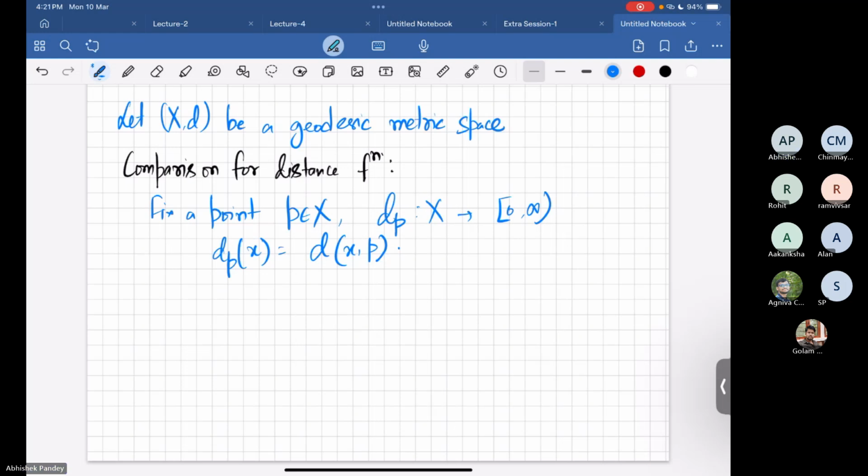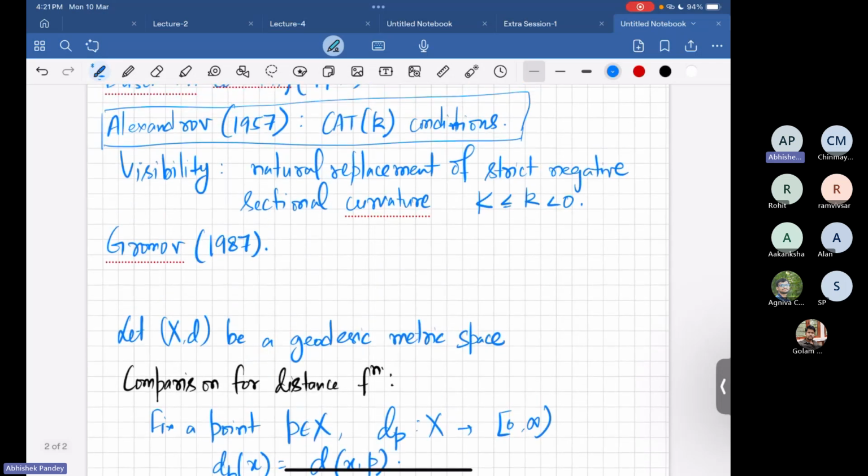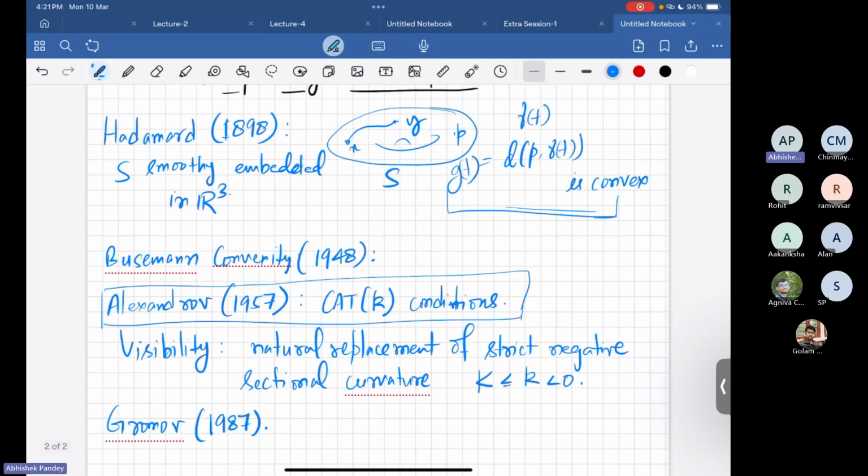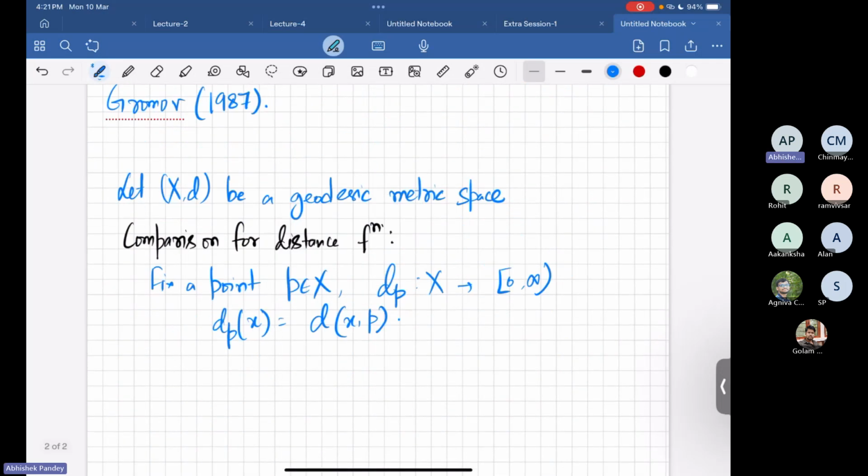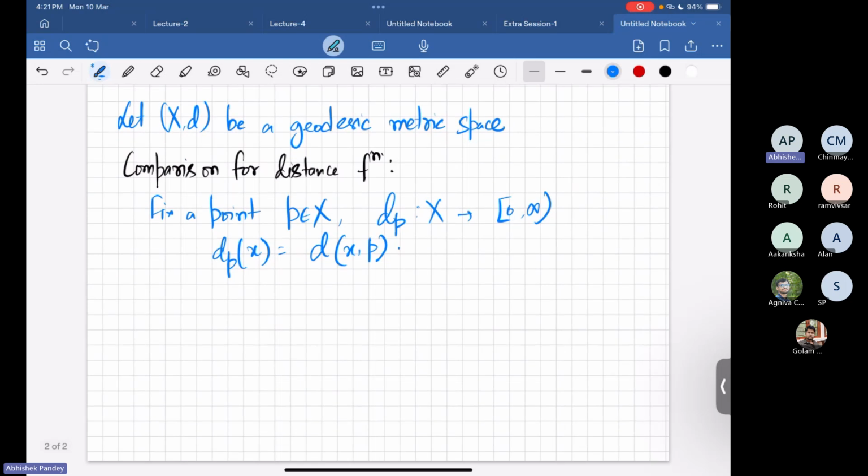So what we're going to do is replicate the idea, the observation of Hadamard, in this case of metric spaces. So for a geodesic, remember that geodesics are always parameterized by arc length.